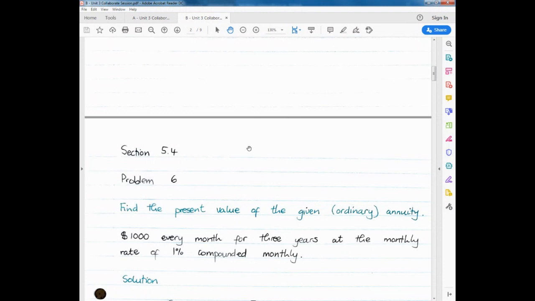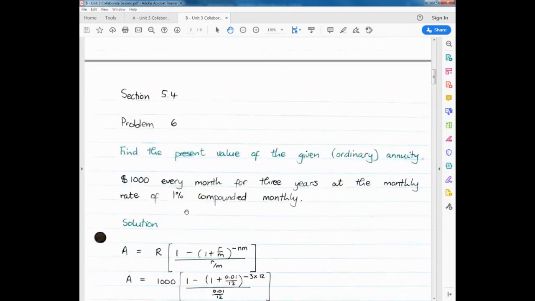In this case, the formula that we use is A equal to R multiplied by 1 minus (1 plus the interest rate) to the power of negative number of periods, so that would be n times m, divided by the interest rate, and that's divided by m. Because we're compounding on a monthly basis, that is why we need to have that m there.